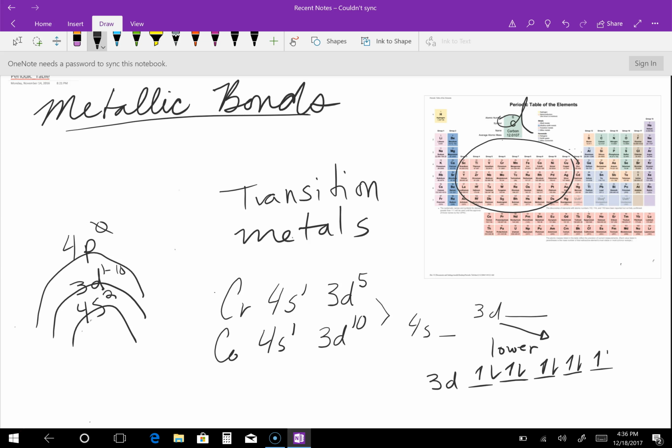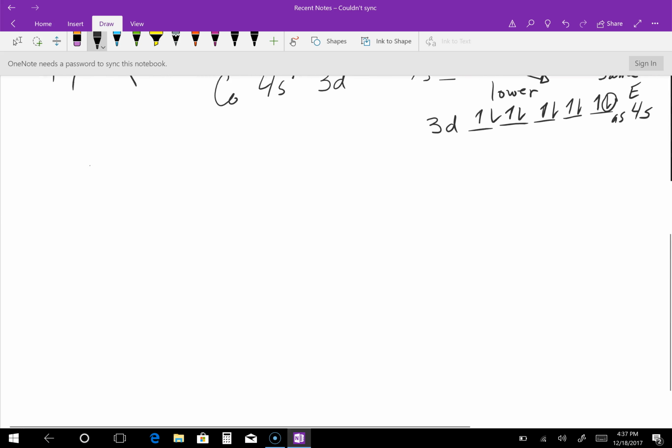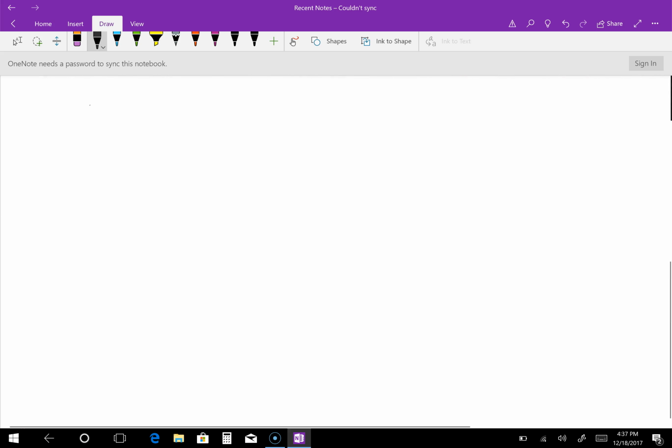Therefore, some of the electrons are going to go in the d orbital instead of going in the 4s orbital, because that last orbital is actually at the same energy level as 4s. This only occurs in a handful of the transition metals.